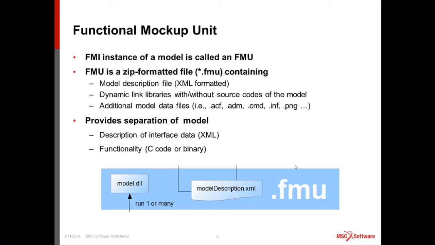And you can also include some additional modeling data files. In the case of Adams, it will be just ACF, ADM, and CMD files. And this data structure provides a very good separation of your model, where you have the description of the interface data, for example, the state variables, the input and output data, in one file, and the actual functionality in another file.